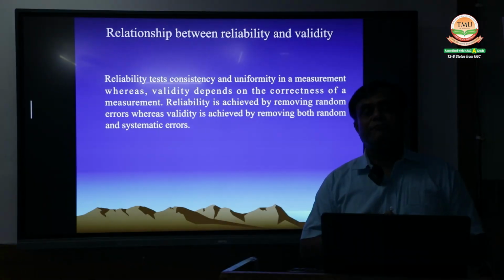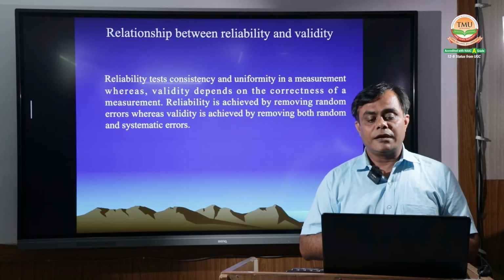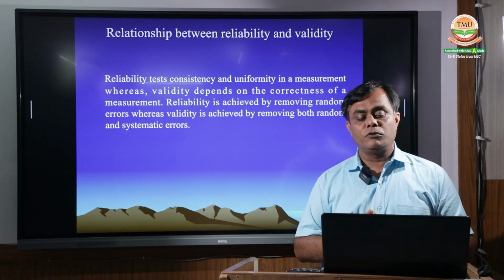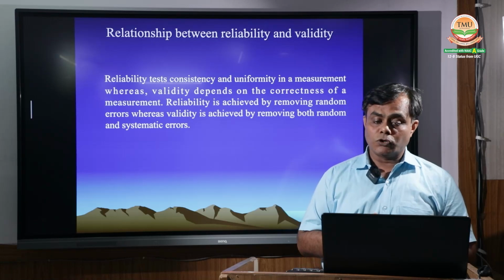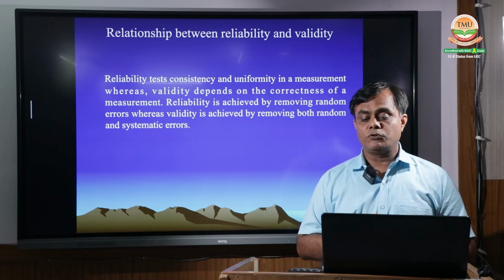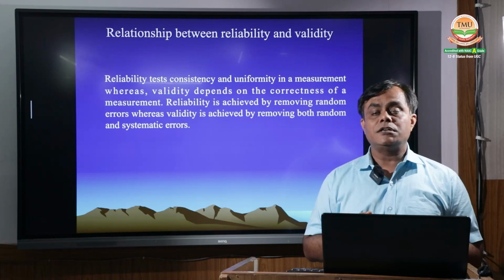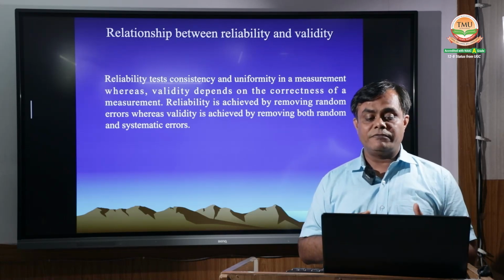Through reliability we can remove the random error, whereas through validity we can remove both random and systematic error. So here there is a difference between reliability and validity.